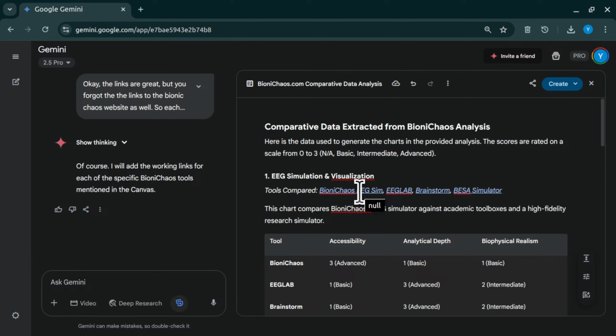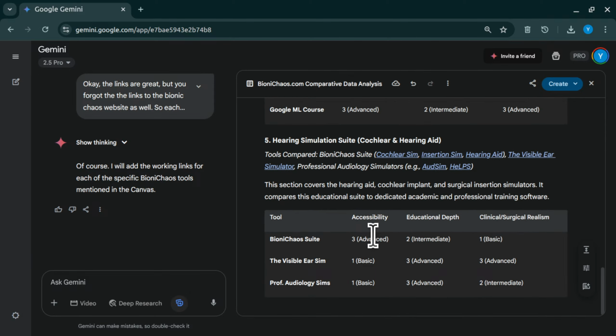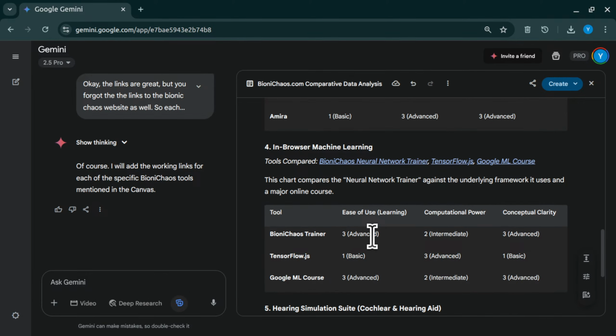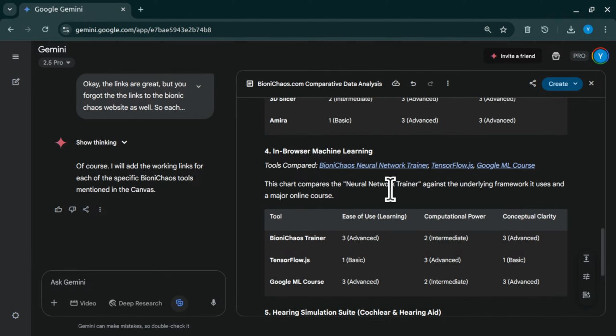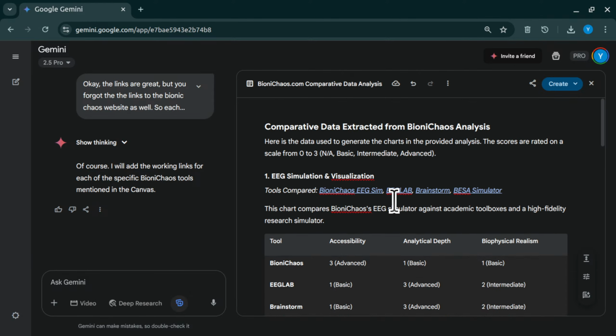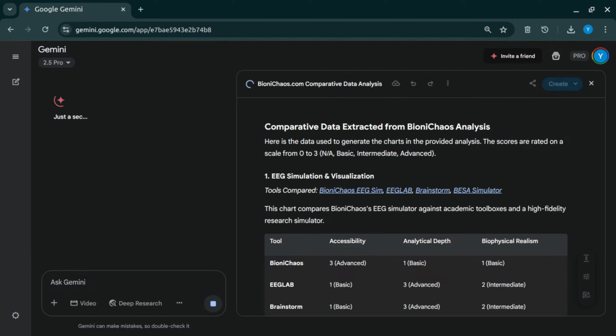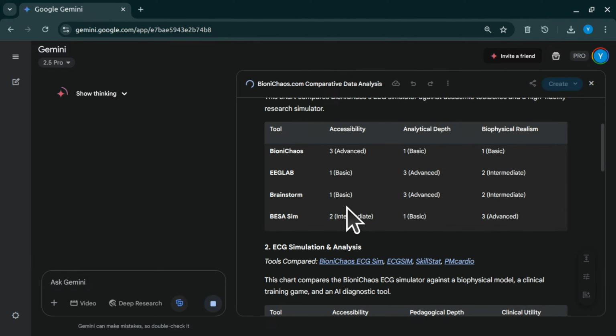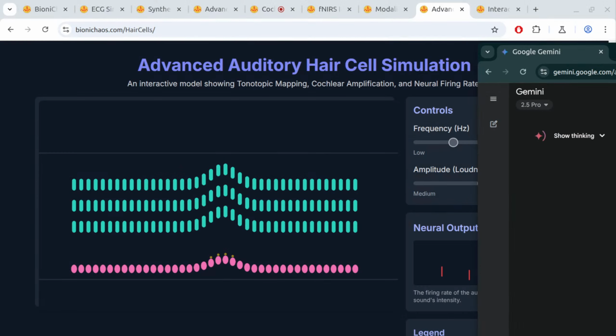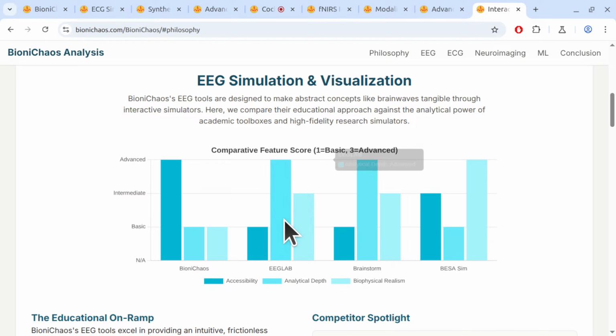Okay, so we have the links. Sorry. Shall we turn it into a web page? Why not? We already have a version of it on this site.